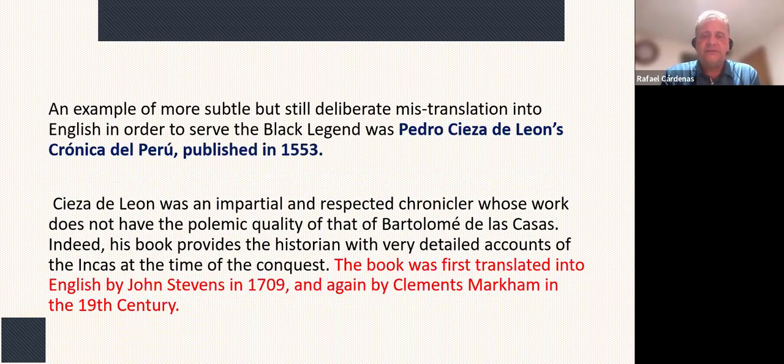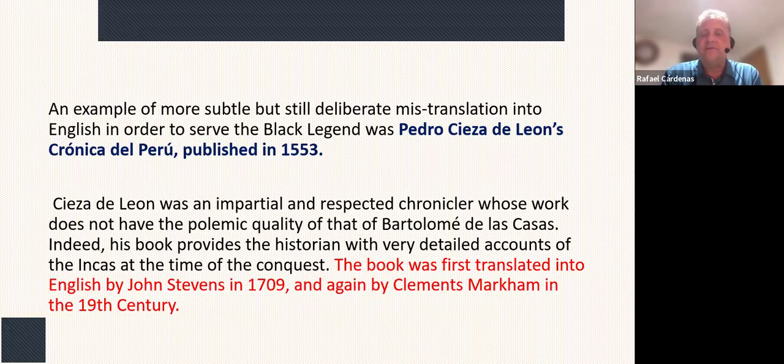Okay, I need to mention another important piece of work that, if you're curious to check it out, would be an interesting piece of literature to pay attention to. An example of a more subtle but deliberate mistranslation into English, to serve the black legend, was Pedro Cieza de León's Crónica del Perú, published in 1553.